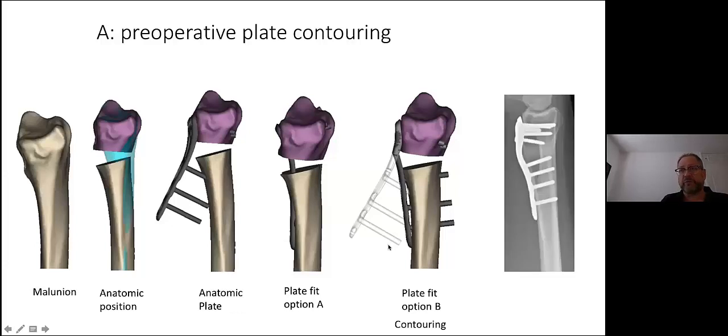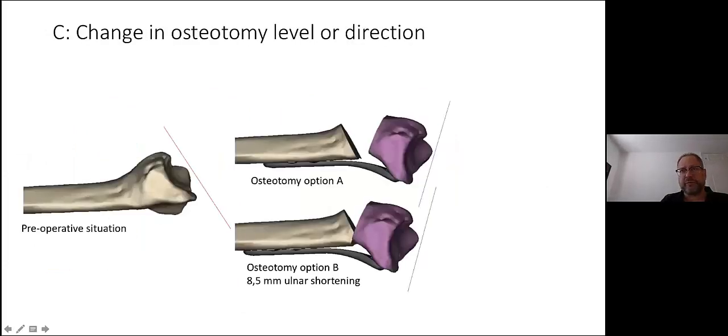That's what we did. So here you see how we bent the plate, and I'll show a little bit more pictures on how we did that later. And what we did here, the first option, if you do it traditionally, because it's really compressed this fracture, you need to take it apart, and then there will be a big gap here.